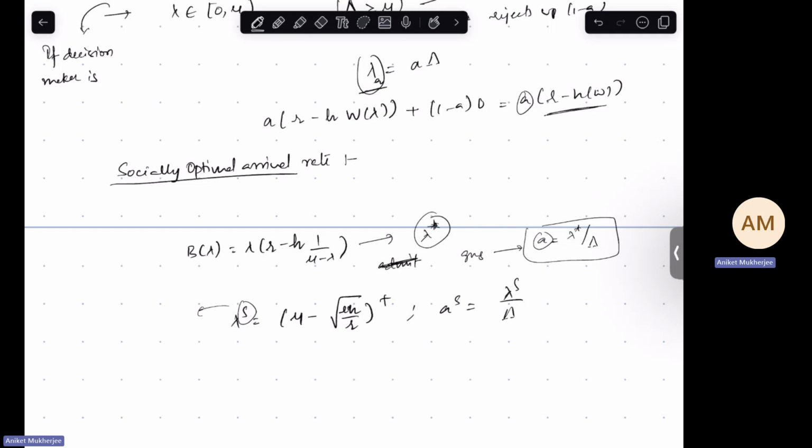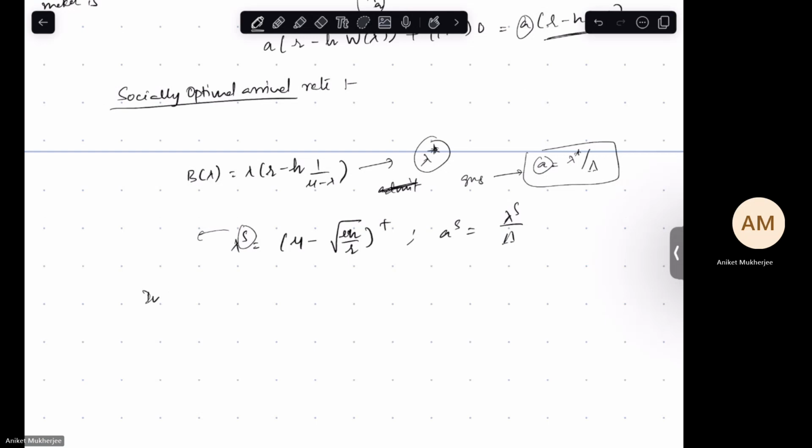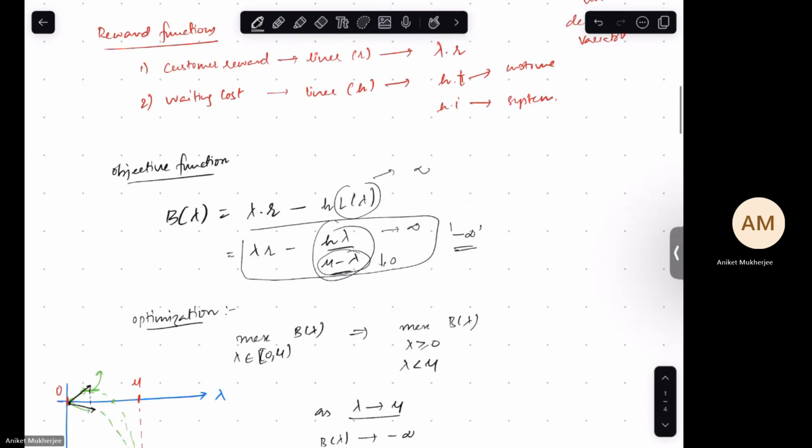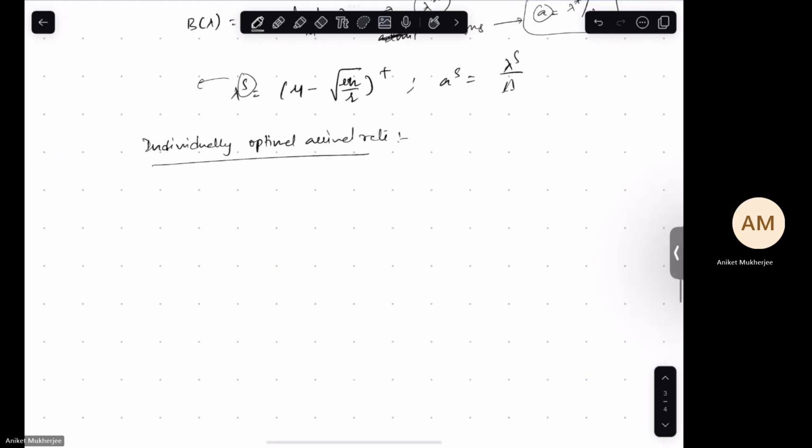Now, individually optimal arrival rate. It's the same case.